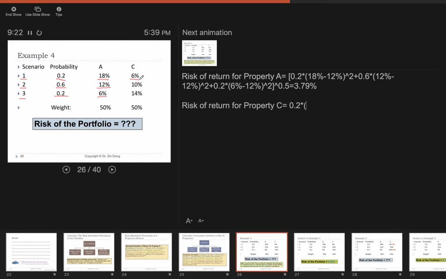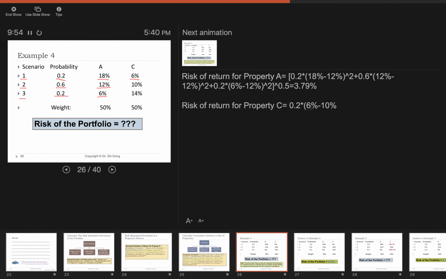So now first look at property C, the return under the first market scenario is much lower than property A. That's 6%, under this assumption. So we put 6%. And the expected return of property C, if you follow my previous video clip to calculate it, you will see its expected return is 10%.